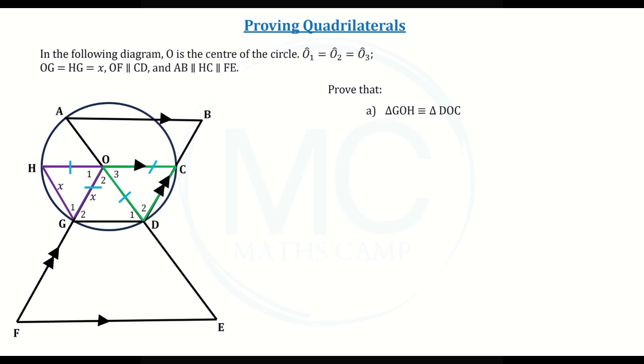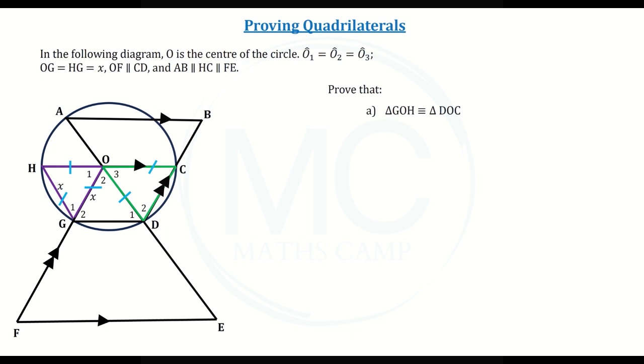Now the question tells us that OG is the same length as HG, so we can put a small blue line on HG as well. These small blue lines show us that OH, OG, OD, OC, and HG are all the same length.